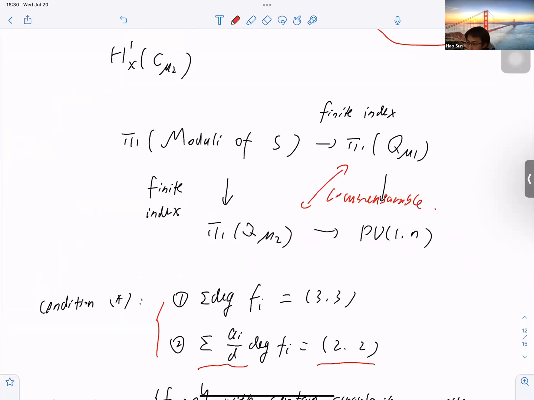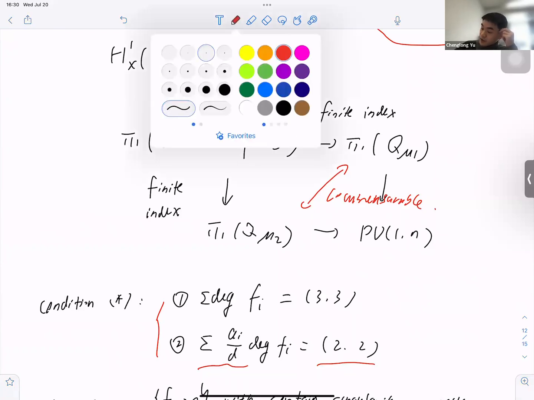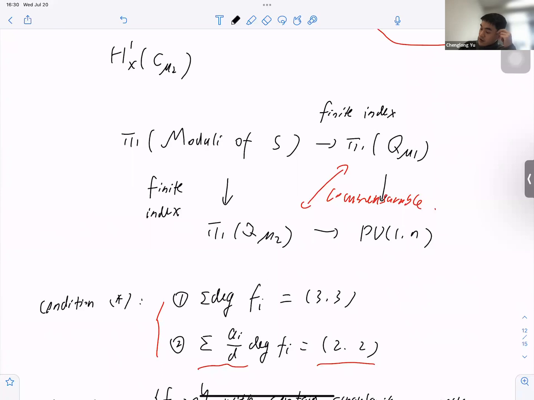Or Hermitian forms. Yeah, so those two representations also preserve the Hermitian form. So that's why the monodromy representation is into PU1n. A priori it is just in PGL n+1 C.